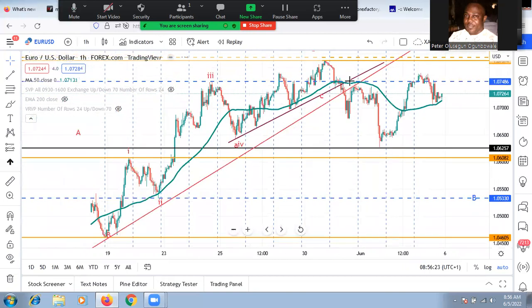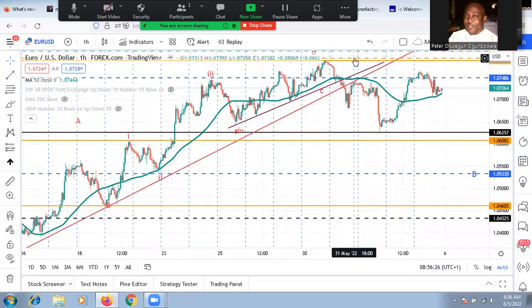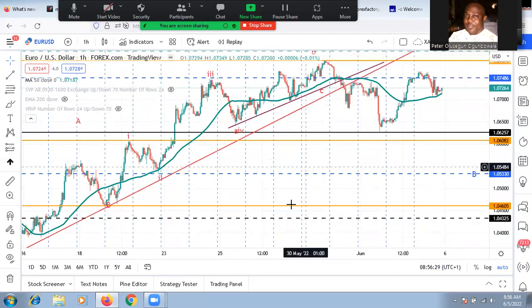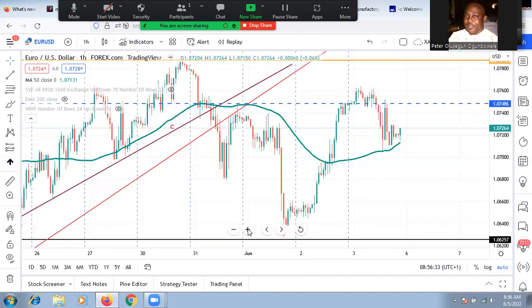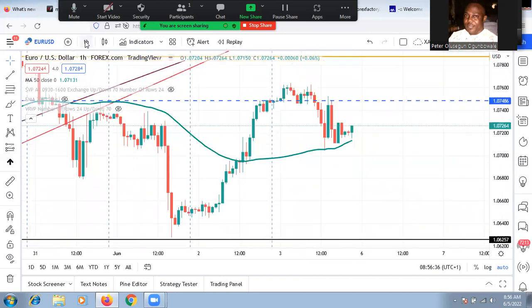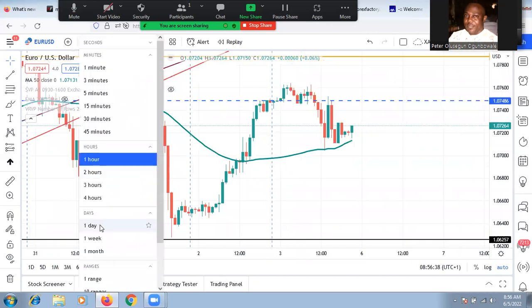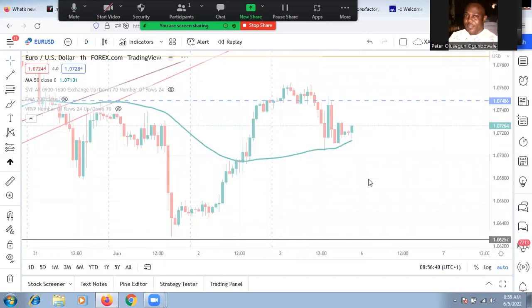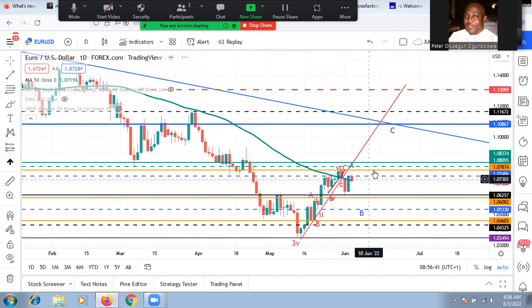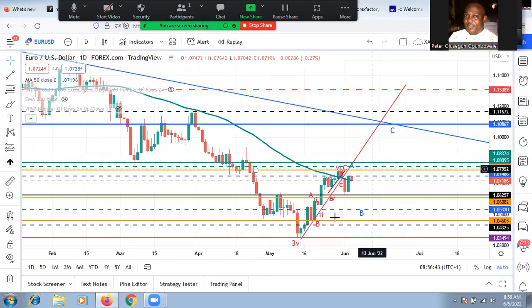Yeah, price actually stalled here. So let me take this one off. Okay, price stalled here. So let's go to the daily again. Now, so price actually stalled. So price started from here.